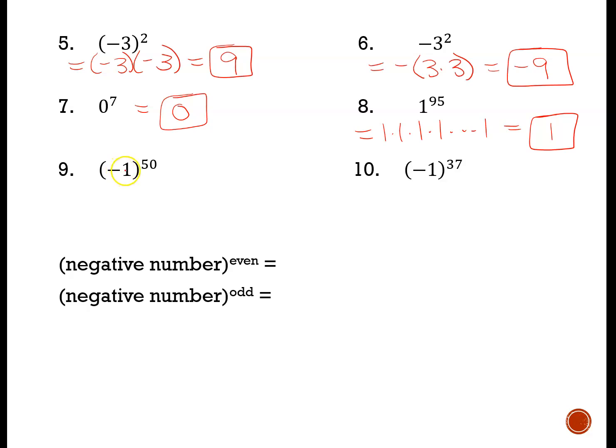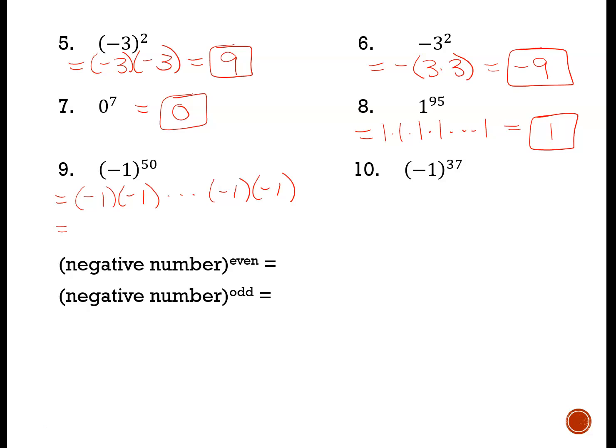Now we're back to a negative base inside the parentheses. Here again, I don't expect you to write out 50 negative ones, but let's write out a couple here. Since there are 50 negative ones, there's an even number of negatives.